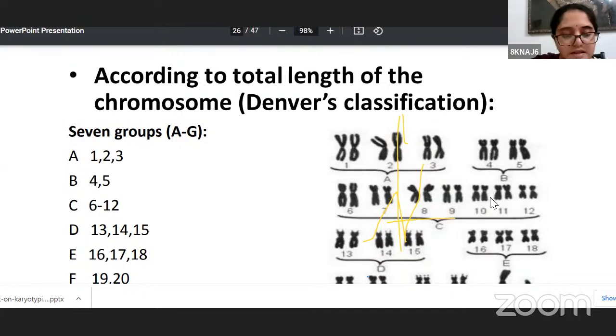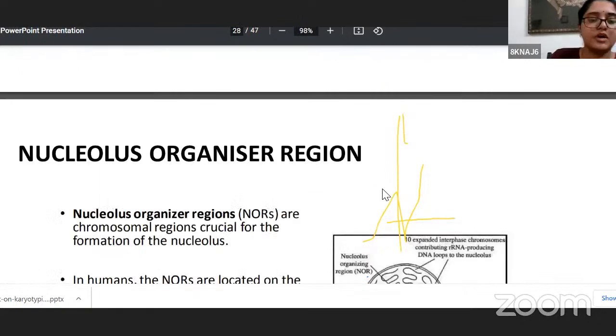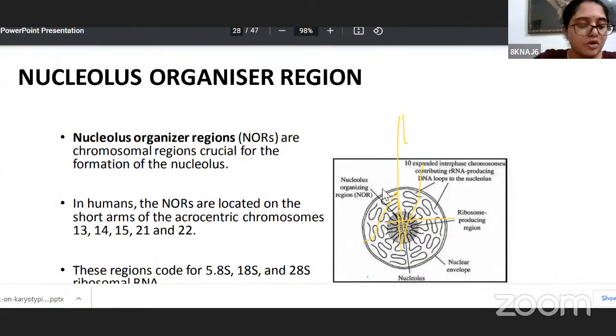All of them are synthesized in the cytosol, necessary for the nuclear pore complexes to function properly. You have a nucleolus organizer region. The nuclear envelope, as you can see in this picture, has quite a number of pores on it, and each is constructed from a number of proteins.